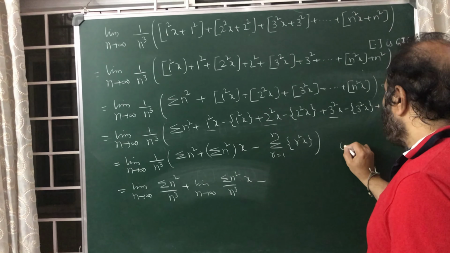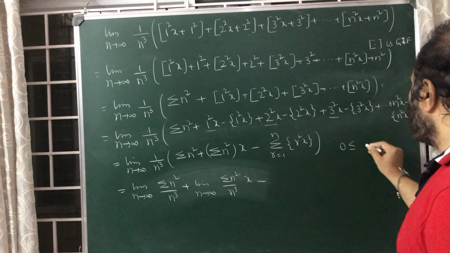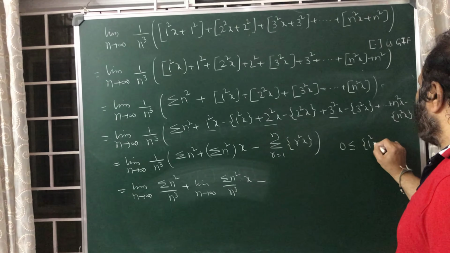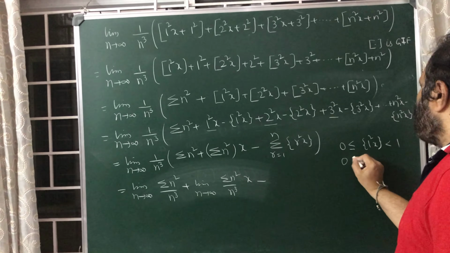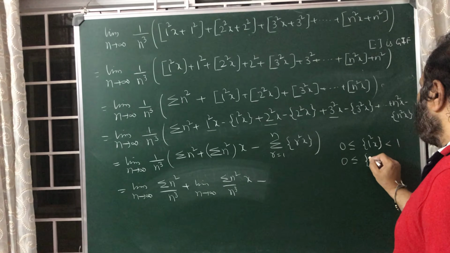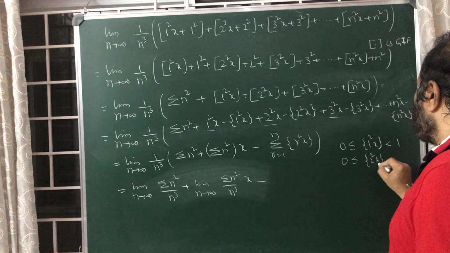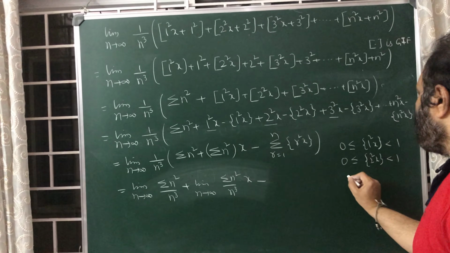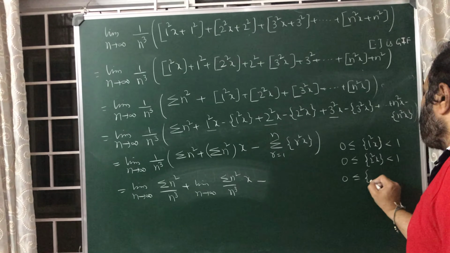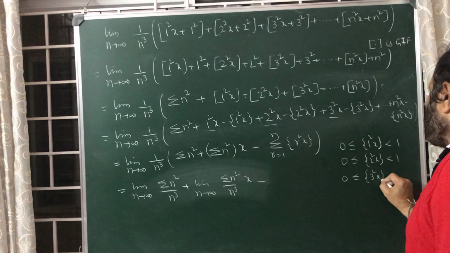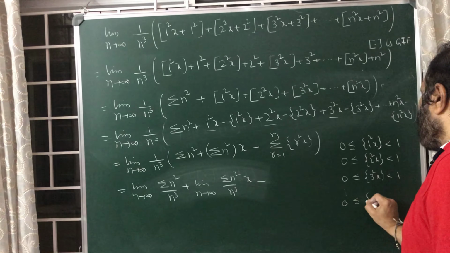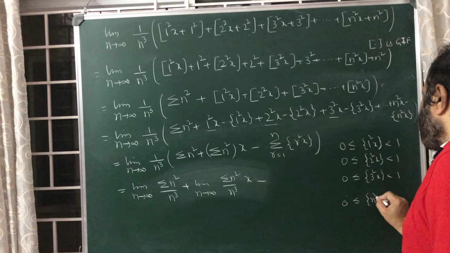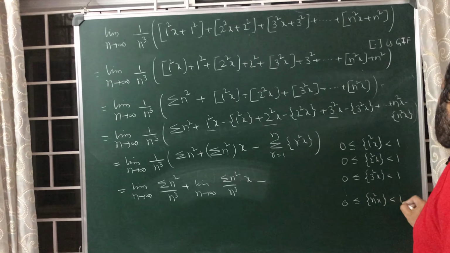We know that 0 is less than or equal to the fractional part of 1 squared x, which is less than 1. Similarly, 0 is less than or equal to the fractional part of 2 squared x, less than 1; the same for 3 squared x, and so on, up to n squared x.